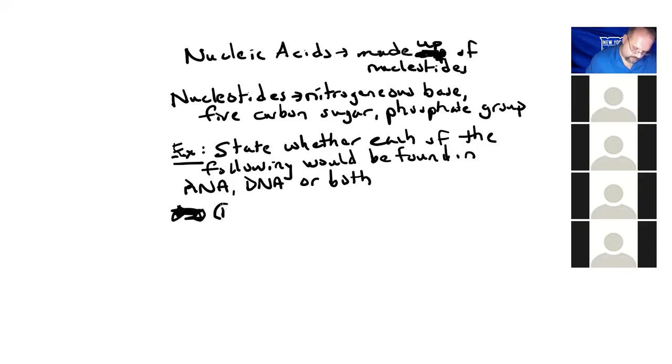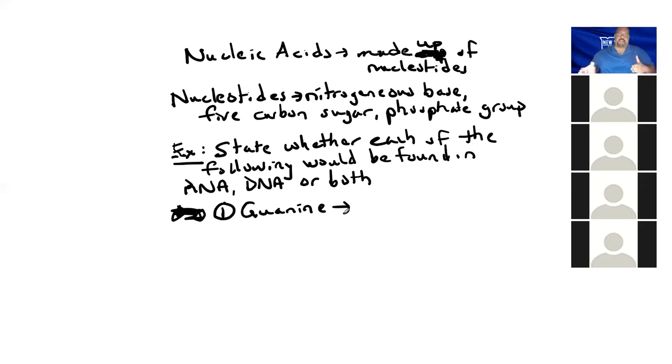And let's see if we can write a 1 that looks like a 1. All right, so first one, let's do guanine. So guanine, of course, is what? Guanine is a nitrogenous base.